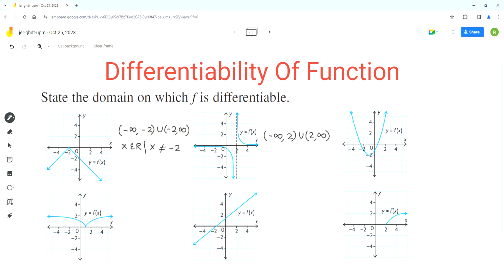And in the other notation, we can write it as x ∈ ℝ, and x is not equal to 2.